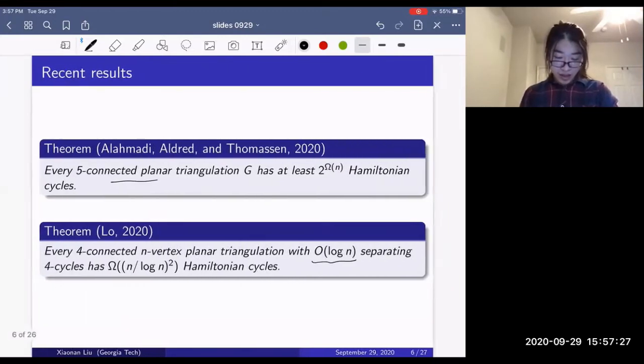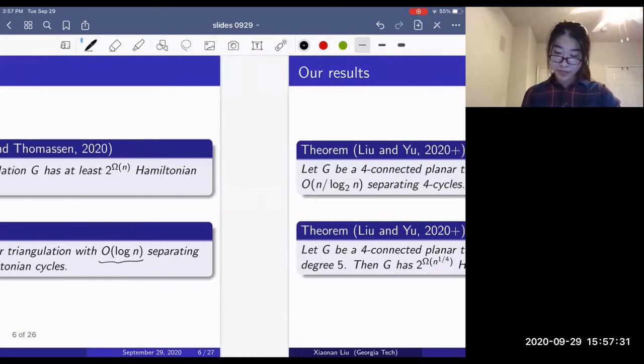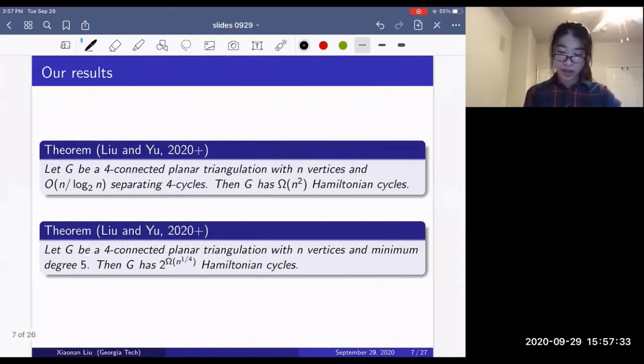The first result is that if G is a 4-connected planar triangulation with n vertices and big O of n over log 2n separating 4-cycles, then G has omega of n squared Hamiltonian cycles.